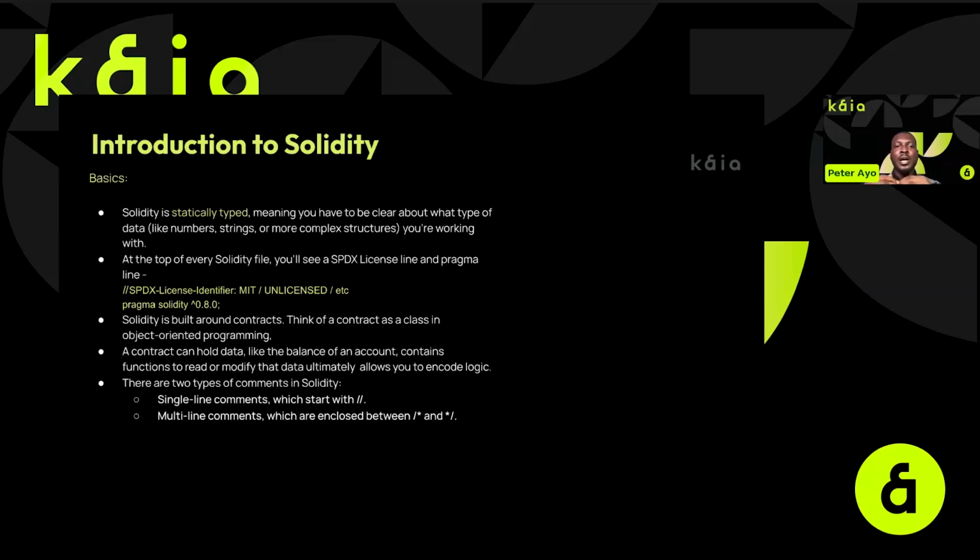And if you are writing your smart contract and you are using a particular compiler version that doesn't have all of the features that have been upgraded, it will mean a lot of breaking changes, right?